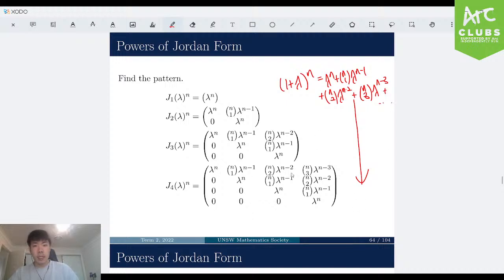So if you read each of these powers of the Jordan form row-wise, it is simply the binomial expansion of 1 plus lambda to the power of n, okay? And of course, once you hit this term here, n choose n lambda to the power of 0, then it will terminate. That will be the end of the matrix. Okay.